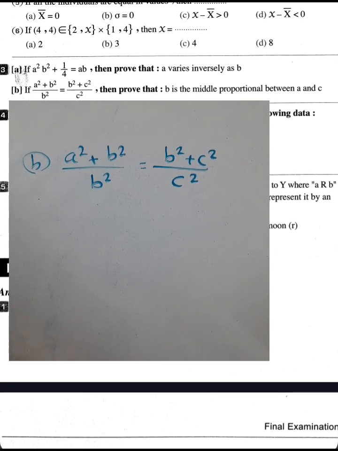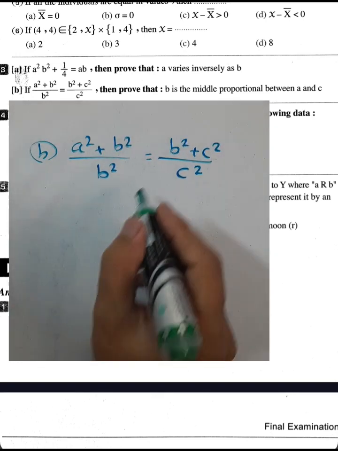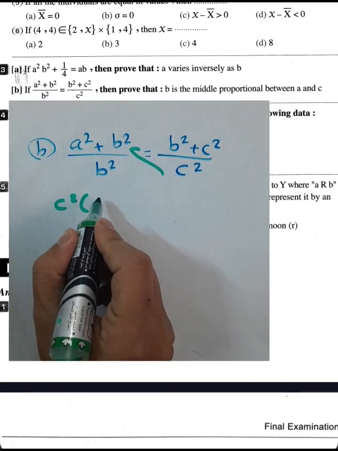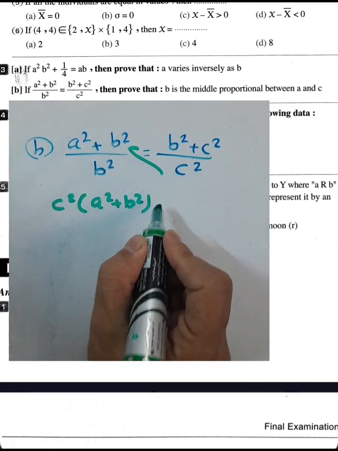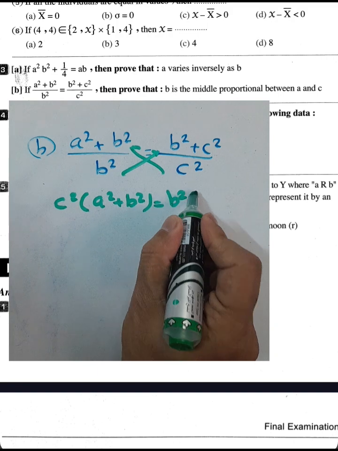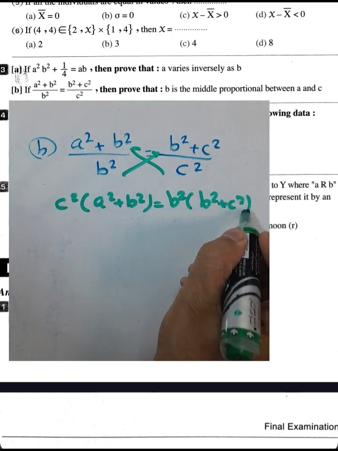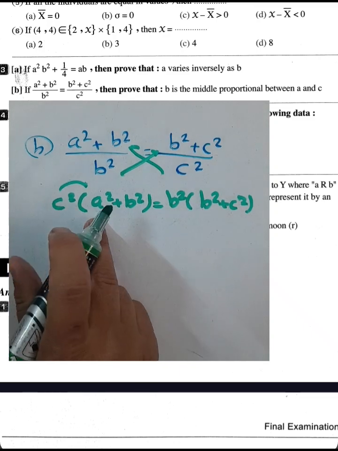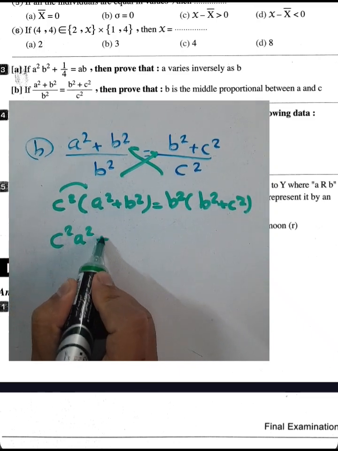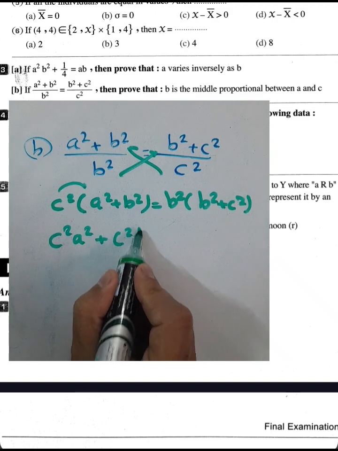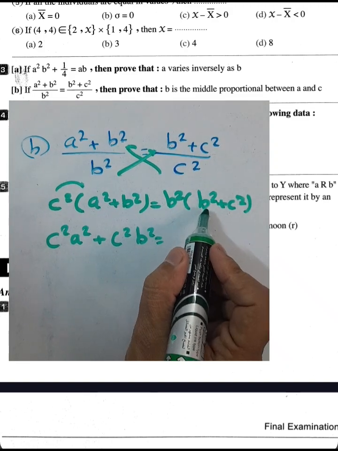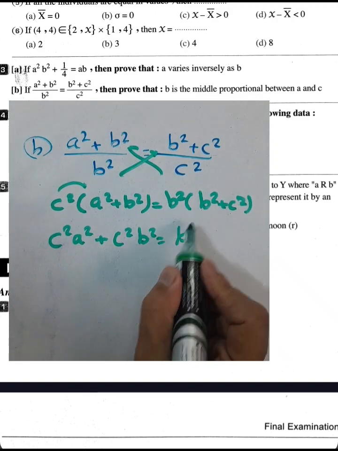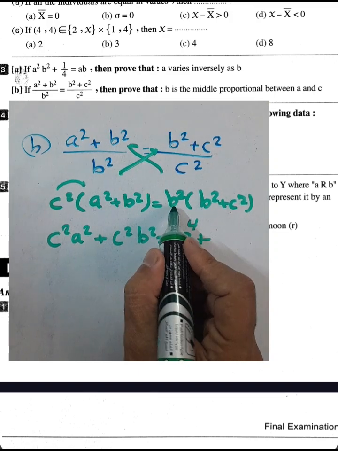We will do c power 2 times a power 2 plus b power 2, which will be equal to b power 2 times b power 2 plus c power 2. Then by the distributive property, c power 2 times a power 2 gives c power 2 a power 2, plus c power 2 times b power 2, which is c power 2 b power 2. And b power 2 times b power 2, the product between them, will be power 4, and here b power 2 times c power 2 is b power 2 c power 2.